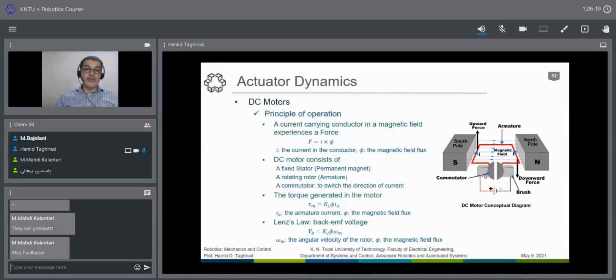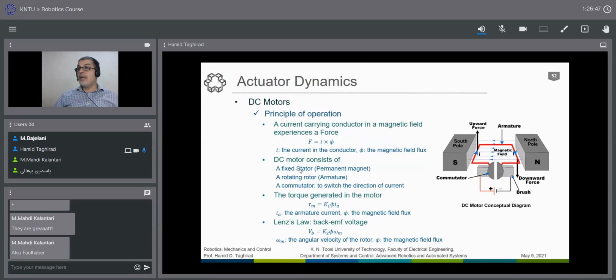This commutator basically switches the angle of these wires to always have the same direction. So a DC motor has, let's say, 1,000 or maybe 2,000 wires delicately wound up in the way that we can consider here.